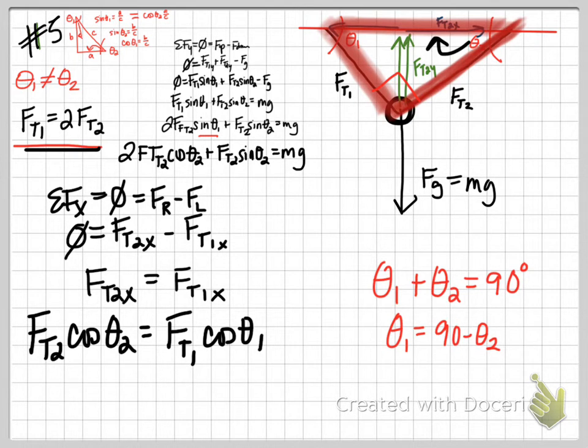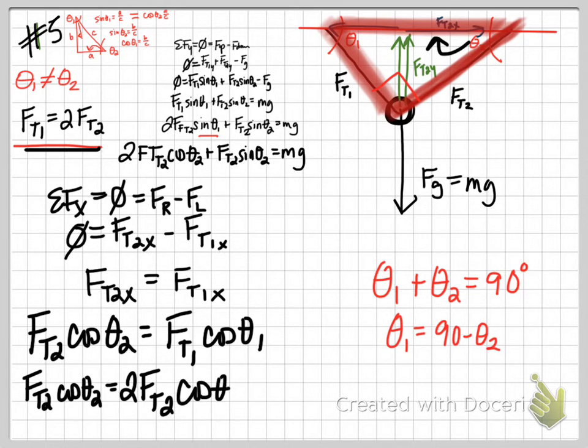We know that 2 times FT2 equals FT1. So FT2 cosine theta 2 equals 2 FT2 cosine theta 1.